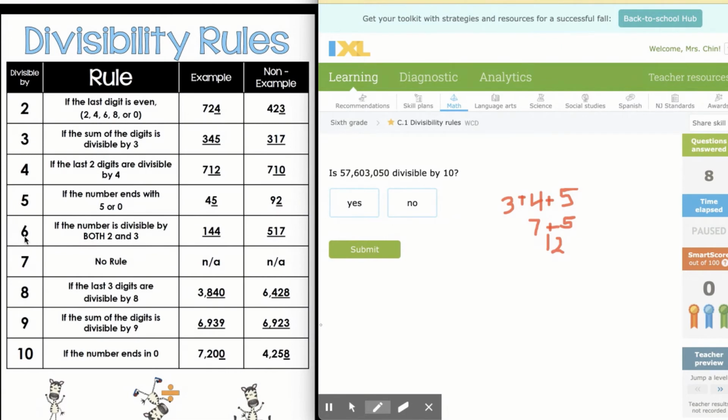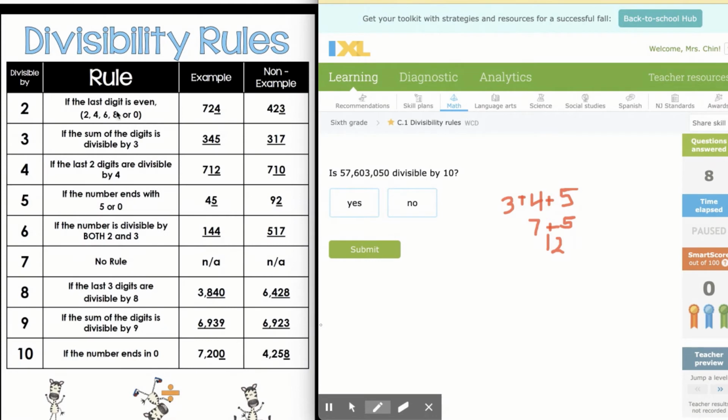The divisibility rule for 6 is as long as the number is divisible by both 2 and 3, then it's divisible by 6. So if you know the rules for 2 and 3, you just test those out, and if the number satisfies both of them, then it's divisible by 6. So for example, 144, let's see, is that divisible by 2?